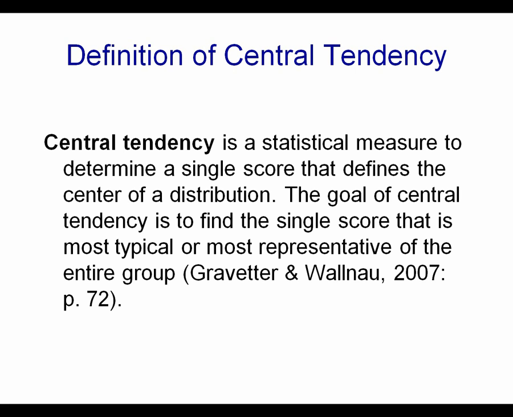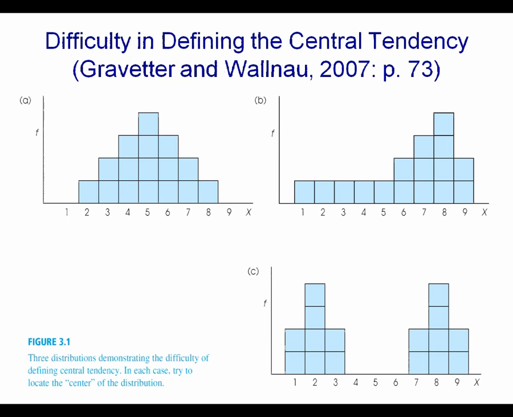You remember a distribution, when we look at a curve, a distribution is a collection of scores that define that curve. So the goal of central tendency is to find the single score that's most typical or most representative of the entire group.